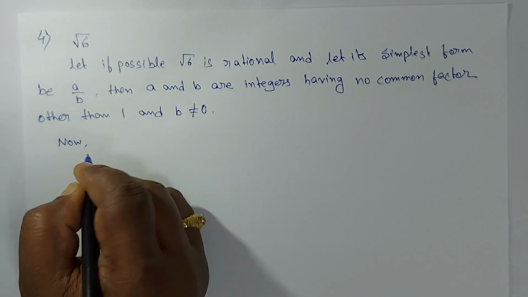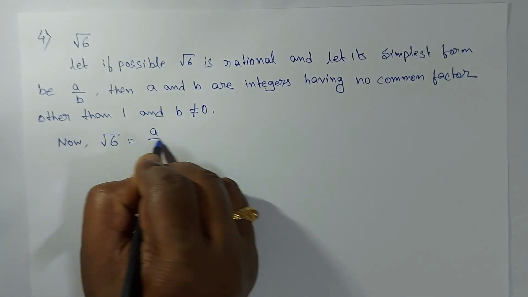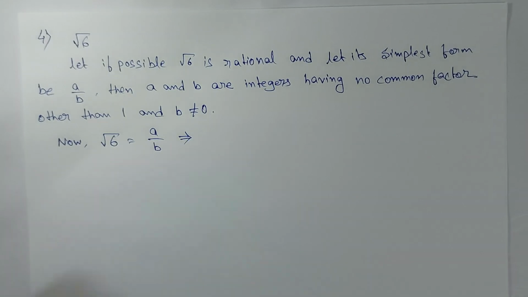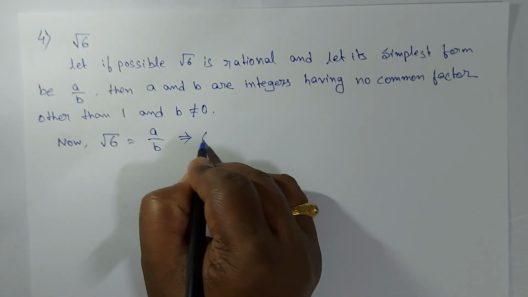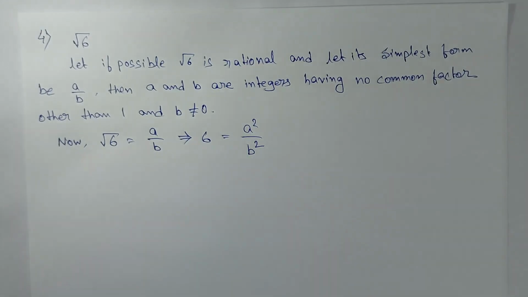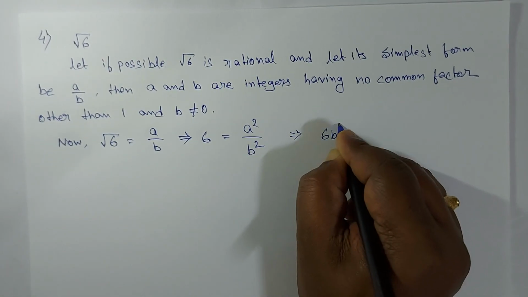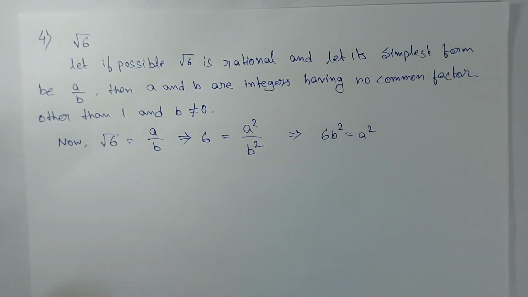So now root 6 is equal to a by b. This implies that 6 is equal to a square by b square, which gives 6b square is equal to a square.